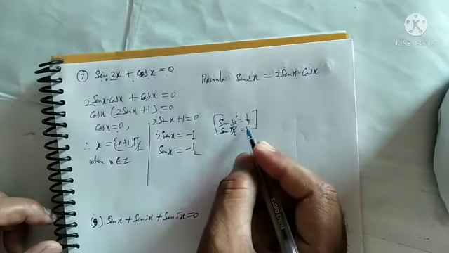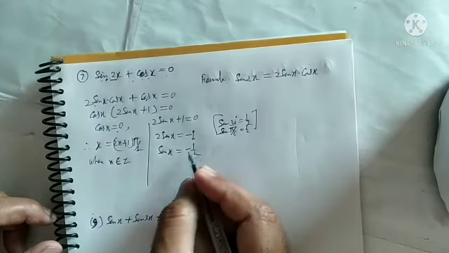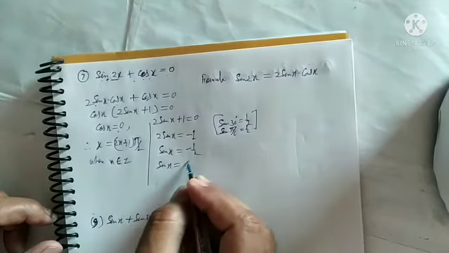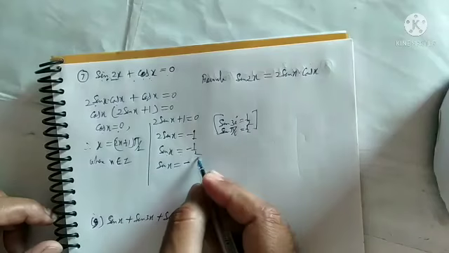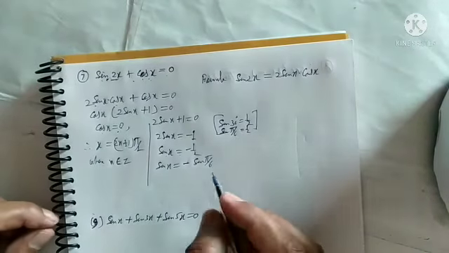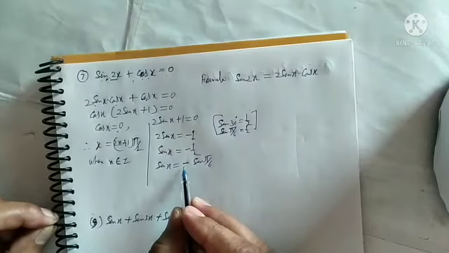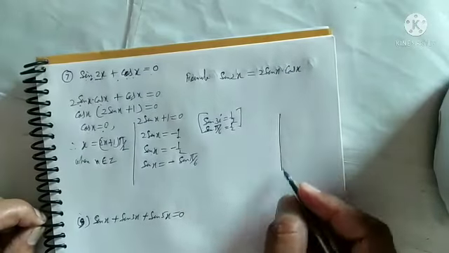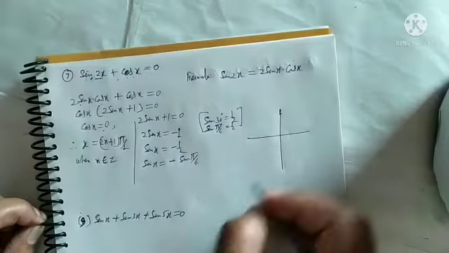So sin pi upon 6 is equal to 1 upon 2. So in place of 1 upon 2 write sin pi upon 6. That is, sin x is equal to minus sin pi upon 6. Now this is a negative value. So how to remove this minus sign? I'll tell you again, this is the quadrant concept.